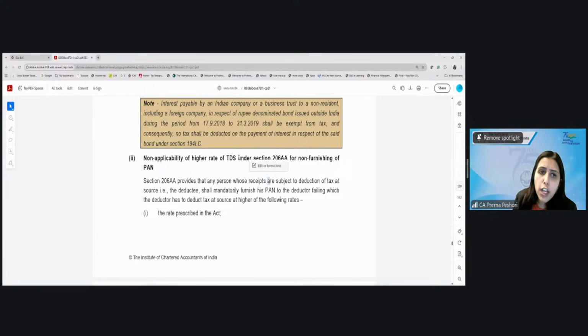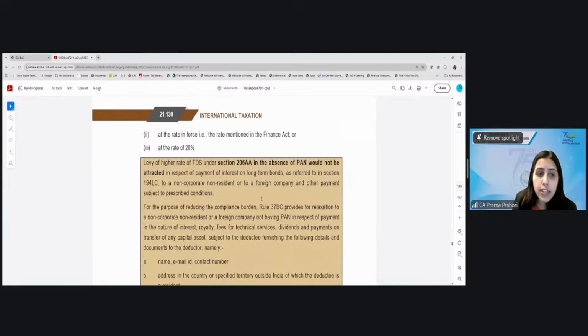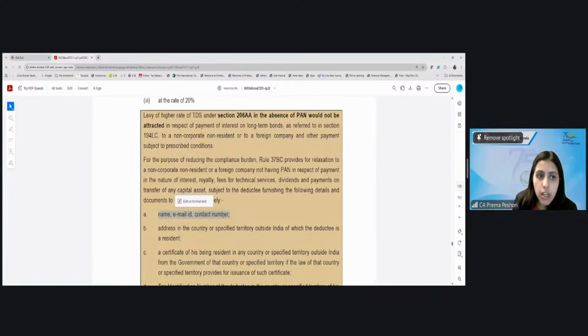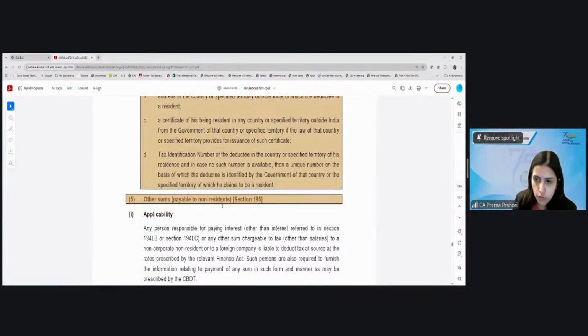So if they do not have PAN, then 20% higher rate will not be applicable. If in that particular case, they give these details: their name, email ID, contact number, address, TRC, tax residency certificate, which certifies they are a resident of the other country, and their tax identification number of that country.